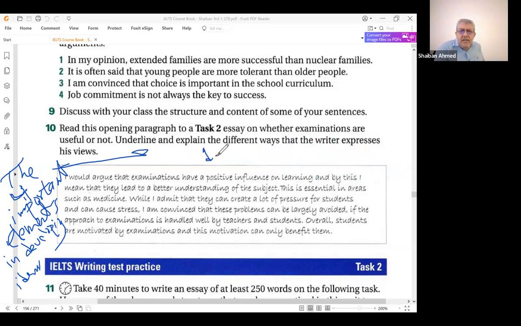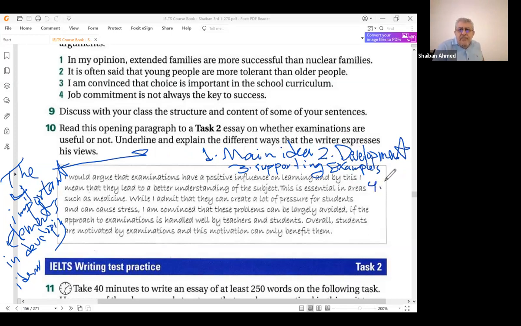Number 1, main idea. 2, development of the main idea. Number 3, supporting examples. And finally, number 4, the writer's position or opinion.